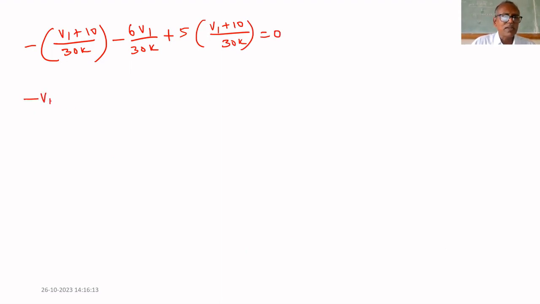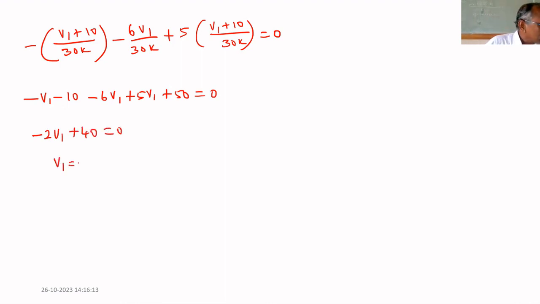That's why minus V1 plus 10 minus 6V1 plus 5V1 plus 50 equal to 0. Therefore, minus 2V1 plus 40 equal to 0, or V1 equal to 20 volt.